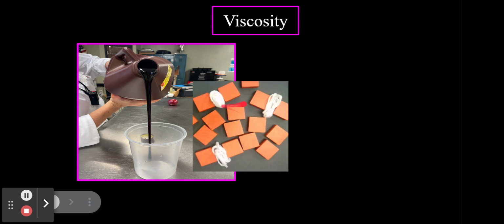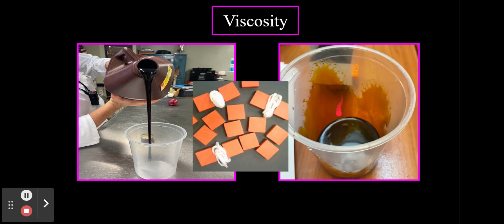It's kind of a weird one because it's like a negative relationship. A viscous liquid doesn't want to flow, so the stronger the IMF, the harder it's going to be for the molecules to move. Here molasses will stick to the side and it'll take a really long time to go back down.